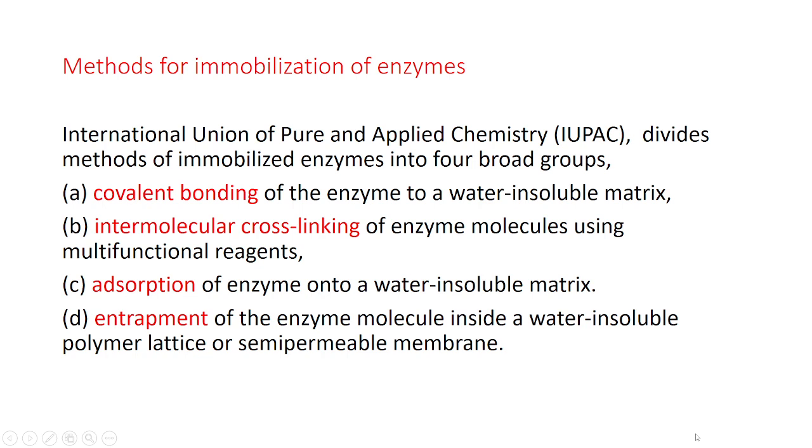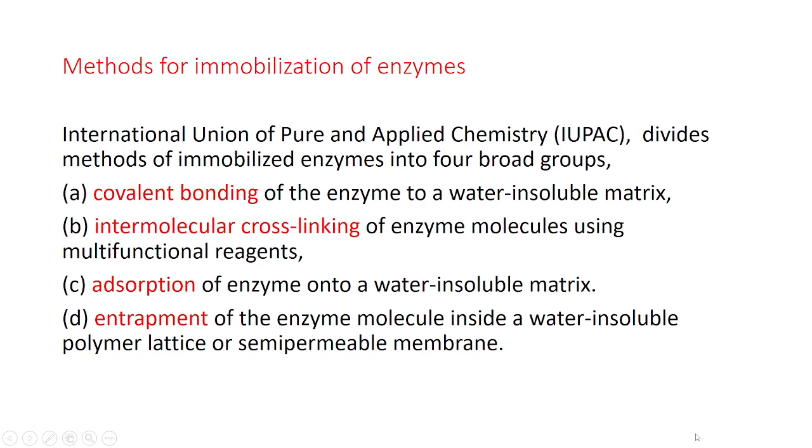So looking at the different methods for immobilization of enzymes, IUPAC divides the immobilization techniques into four broad groups, that is covalent bonding, intermolecular cross-linking, adsorption, and entrapment. Okay, so covalent bonding means the enzyme is bound onto a water insoluble matrix via a covalent bond.